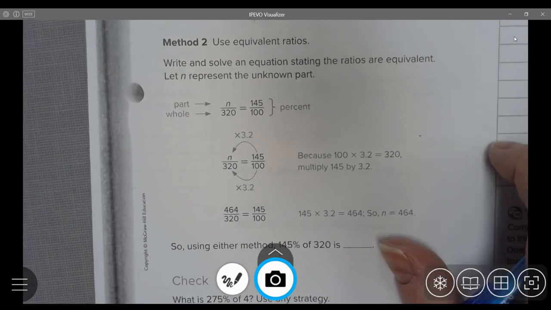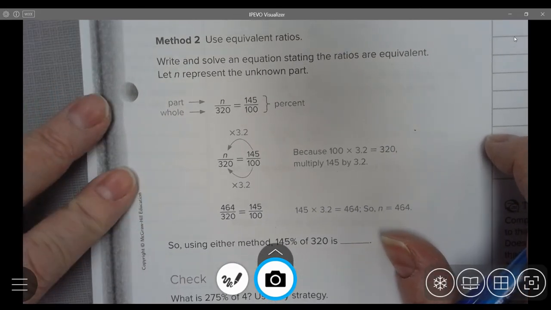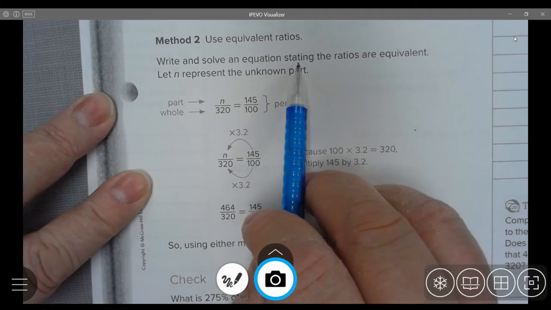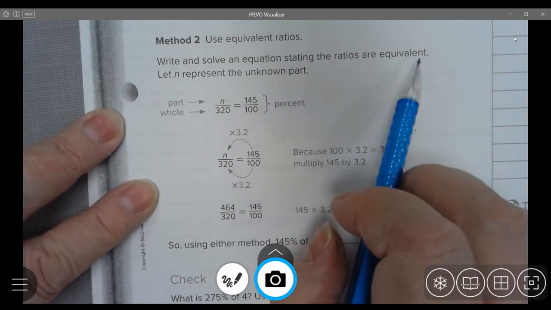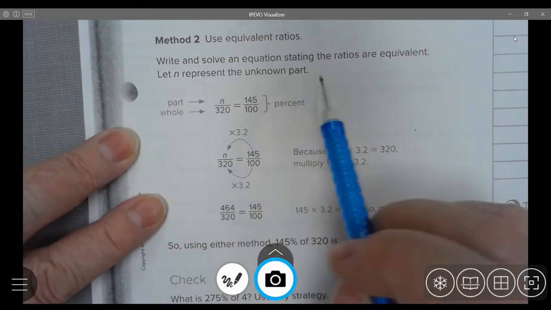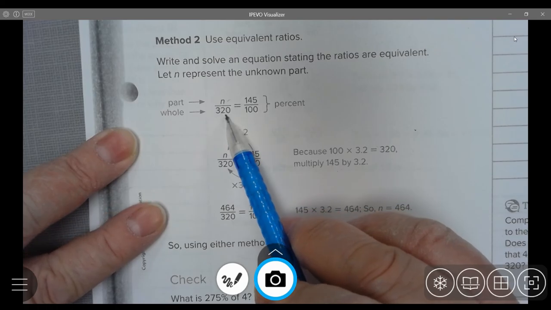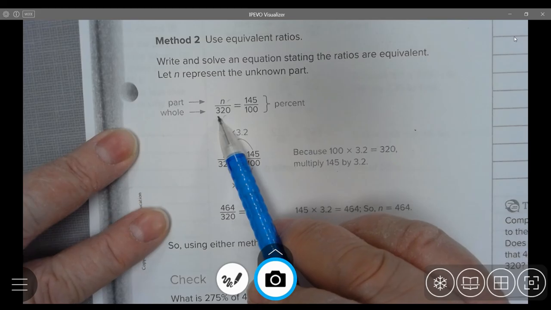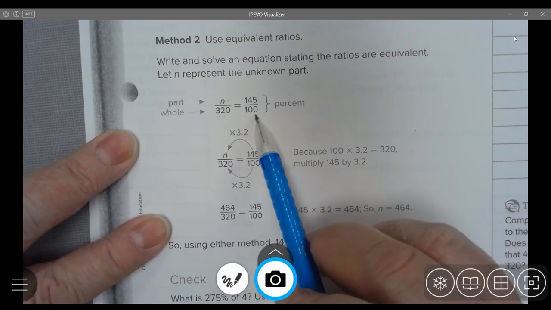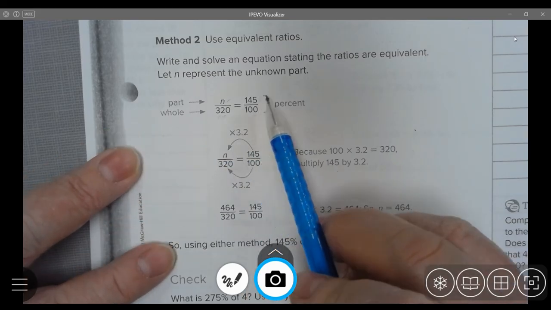Another way would be using equivalent ratios, just like what we were doing in the previous problems. Write and solve the equation stating the ratios are equivalent. Let n represent the unknown. So we don't know how much 145% of 320 is, but we do know 320 is the whole, and that is the 100%. We need to find the 145.